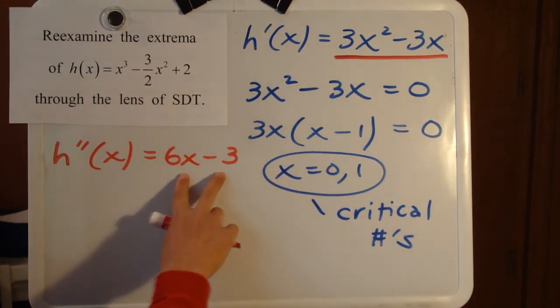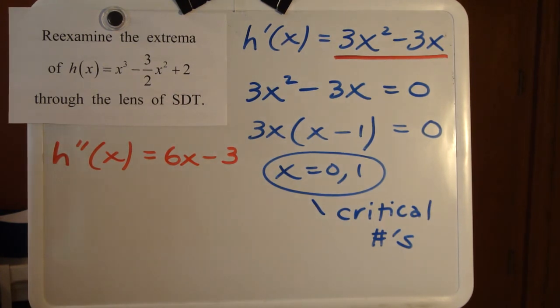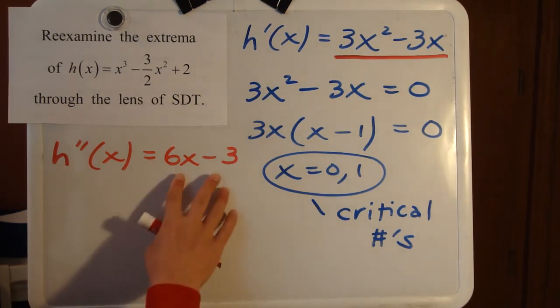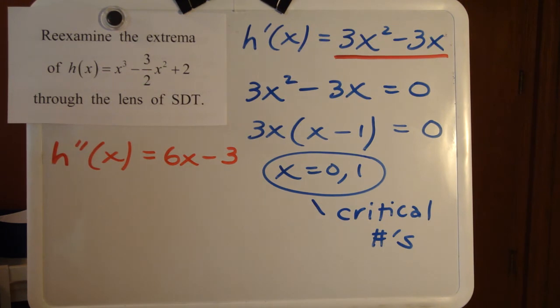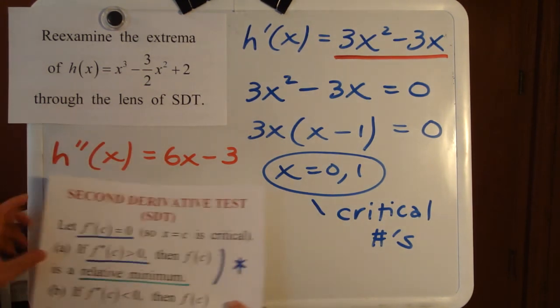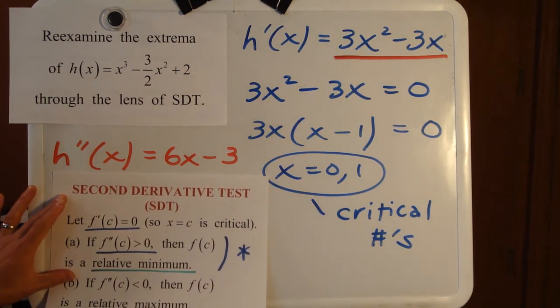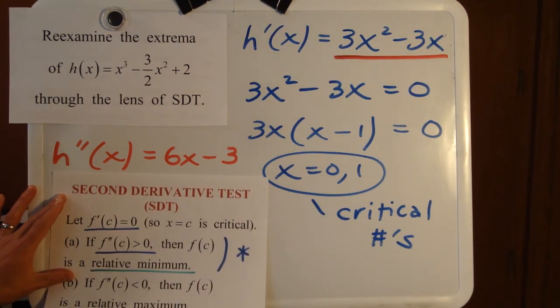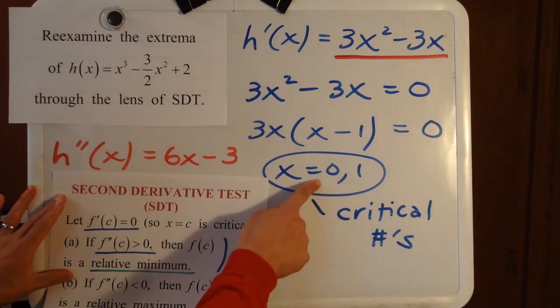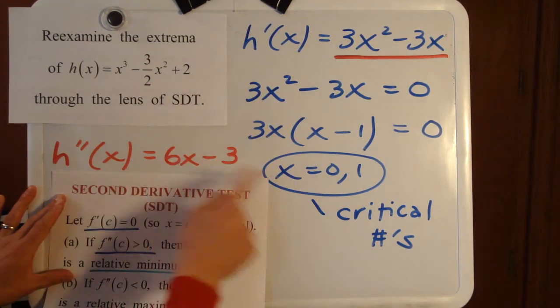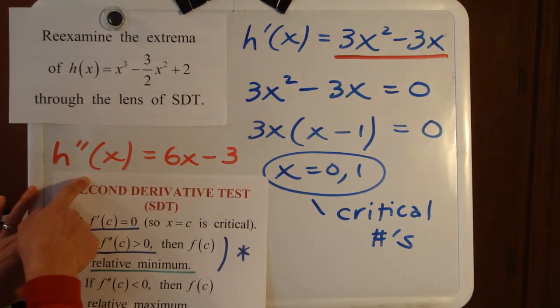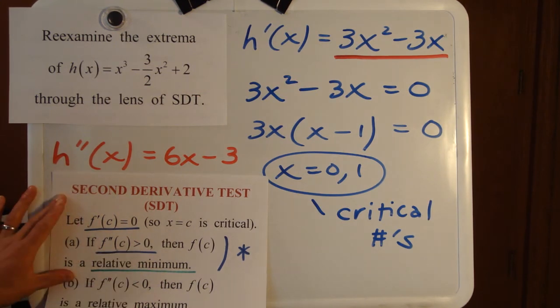So we're just going to work with this here, and we're not going to work with concavity here, so we're not going to set this to 0 or anything like that. So I'll flash this up here again, and just to repeat, the reason this test is tough is you have to take these numbers that come from h prime and then insert them into h double prime. And then based on the sign, you can tell if you have a min or a max.